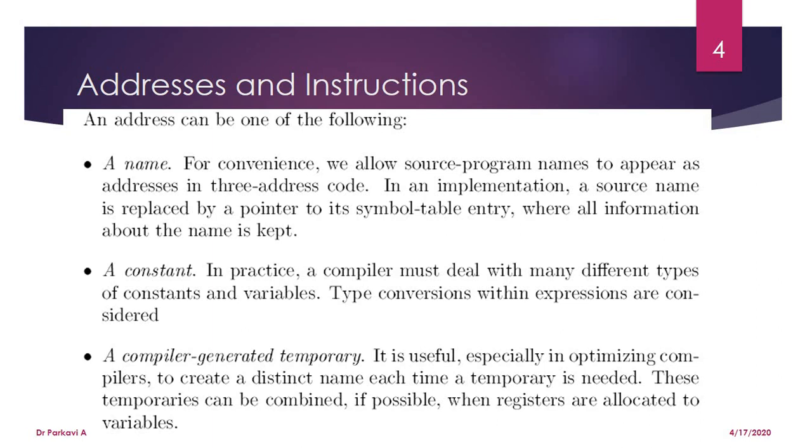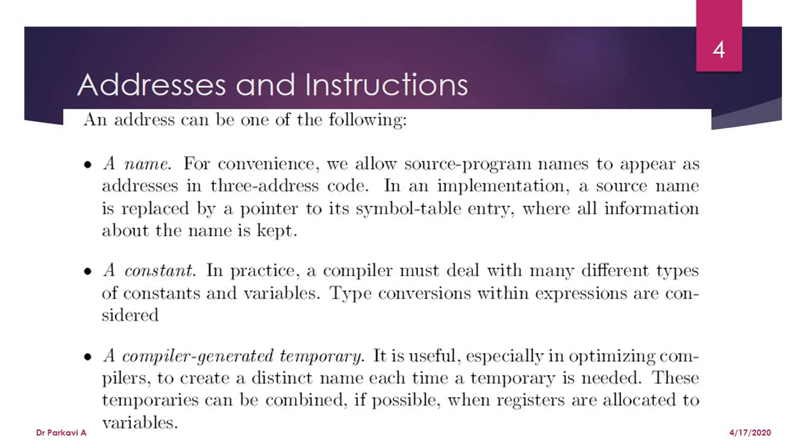So here when you generate a 3 address code, the 3 address code may consist of names. The name will refer to the variable name. We can store the result in the name, or the operands will be stored in the variables. By accessing the variable name, we will be accessing the contents of the data.